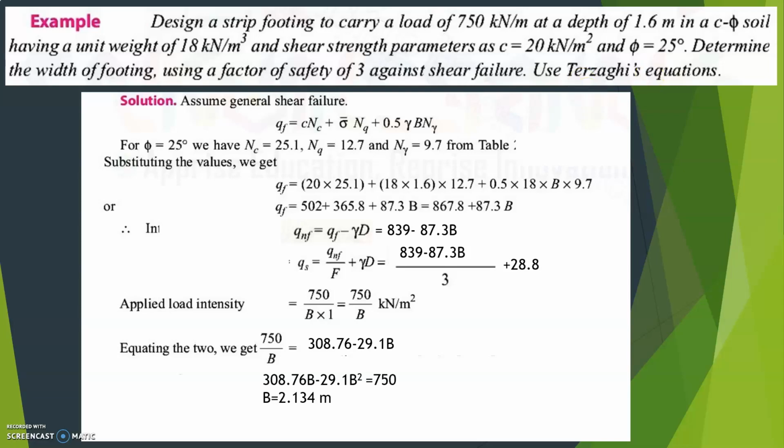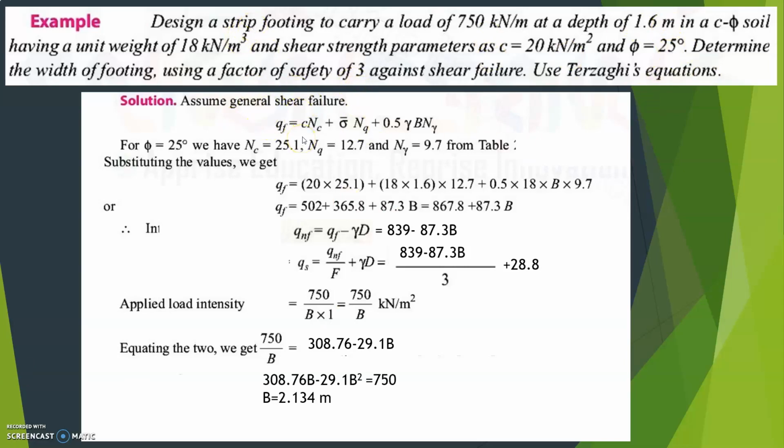Okay, so it is given that 750 kilonewton per meter length. Okay, per meter length it is given. So you can find what is the size of the footing. That is nothing but B. Okay, so let us assume general shear failure, and this is a stiff footing.